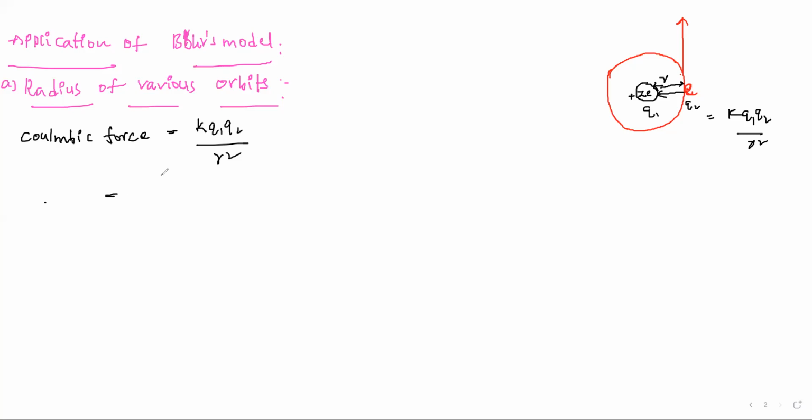This equals K into ZE into E by R square. This we can write as K ZE square by R square. Is it clear up to here?